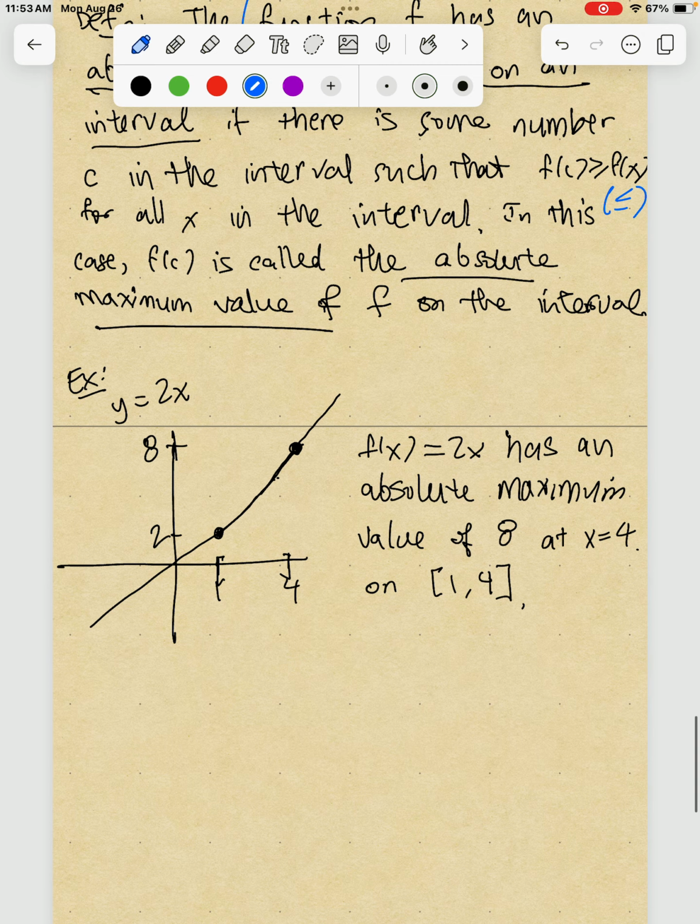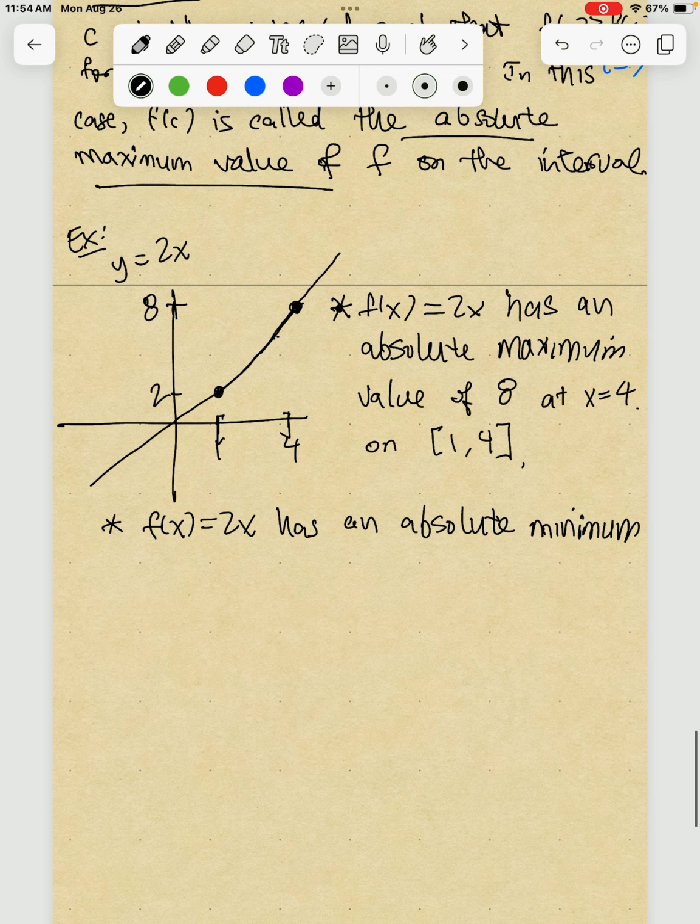So for instance, in this example, you also have that f of x equals 2x has an absolute minimum value of what on the interval 1, 4? 2, right, at x equals 1. That's the smallest y value on the interval 1, 4. Now the y values get smaller and smaller when x is less than 1, but here we're only looking at the closed interval from 1 to 4.